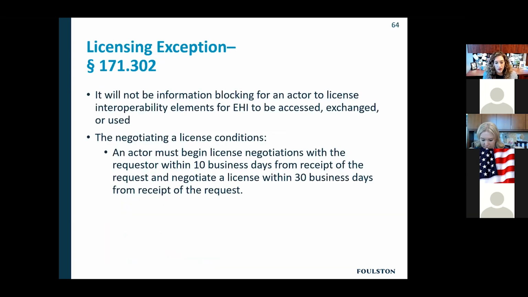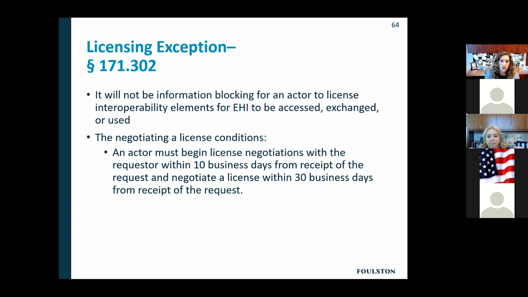Again, there are certain requirements here for this licensing exception, but the objective of this licensing exception is to allow actors to protect the value of their innovations and charge reasonable royalties related to those innovations, and to get some sort of return on investments that they've made to develop, maintain, and update those innovations. And so that's what this licensing exception is for.